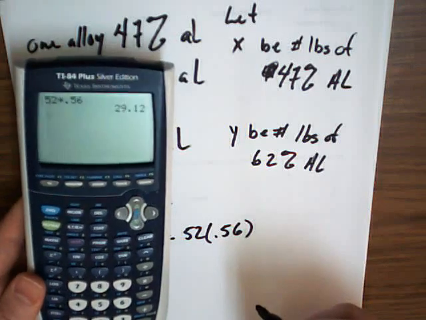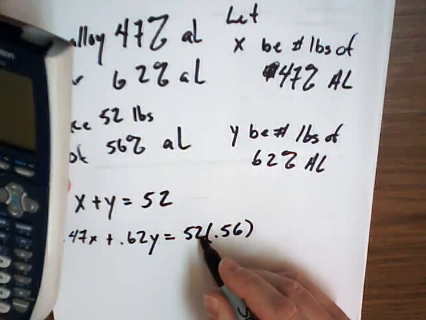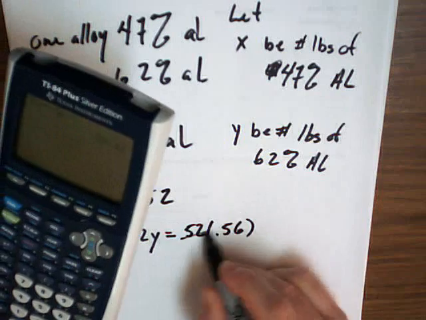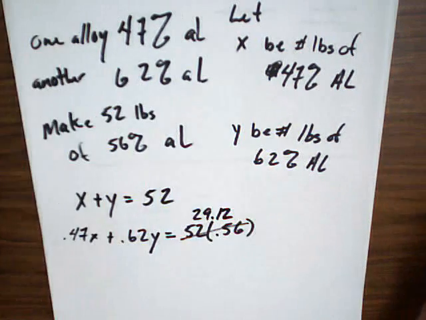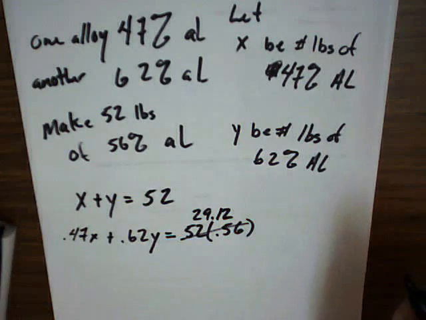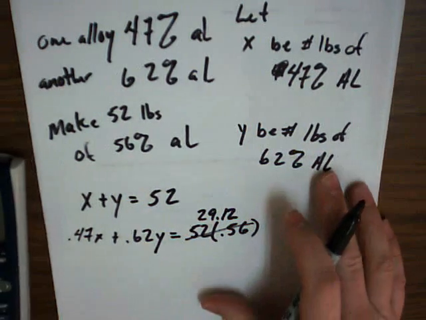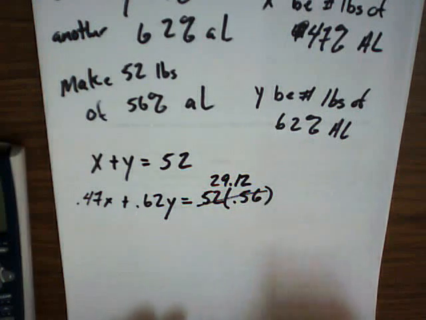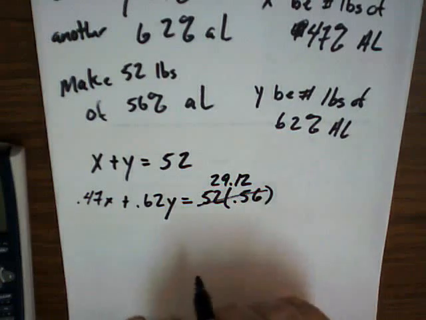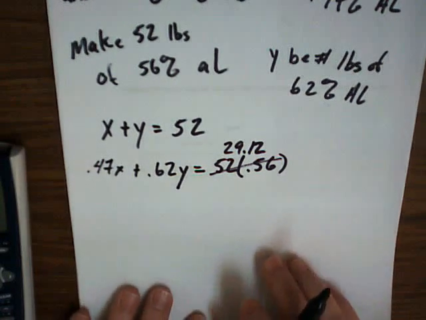Okay, that's what I got. It's kind of hard to see, so I'm just going to scratch it out and say that that is 29.12. I mean, that shows your work, right? You marked it off, you didn't erase it completely. Don't scribble anything out, you want to make sure people can see your breadcrumbs.